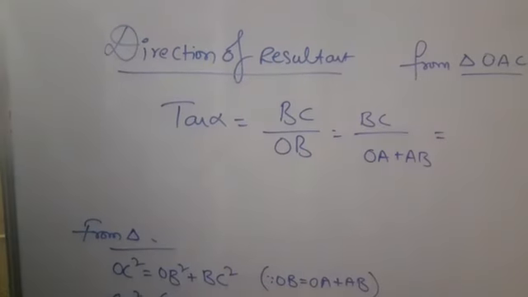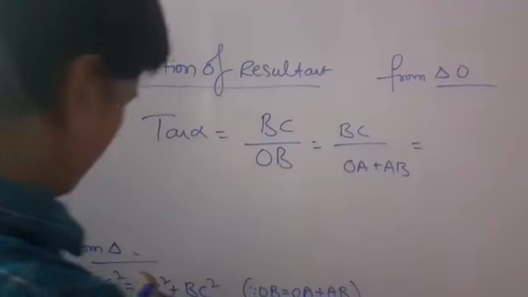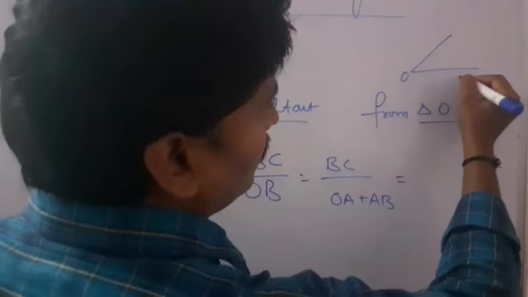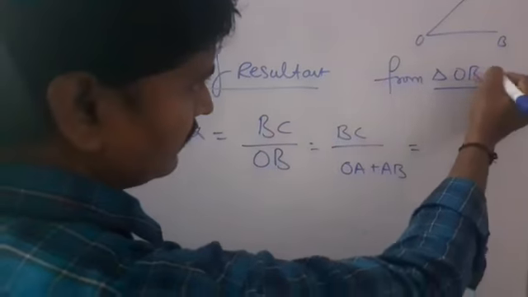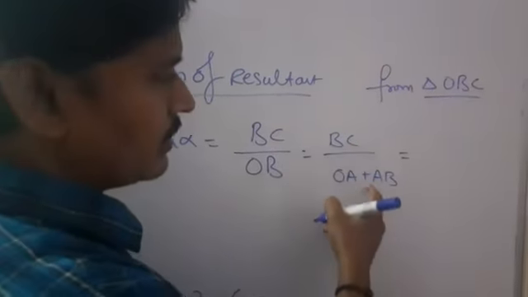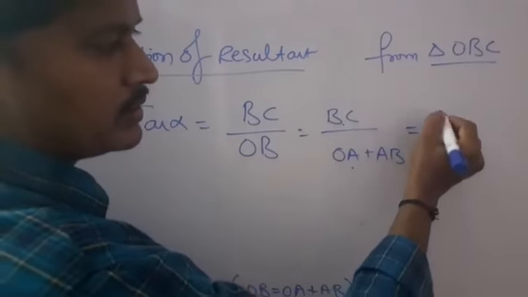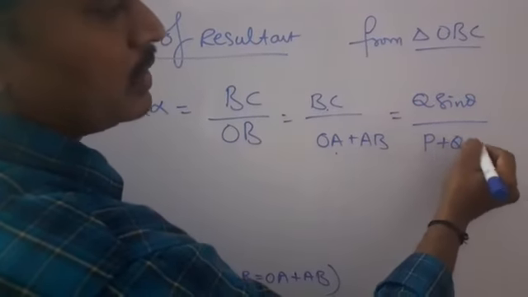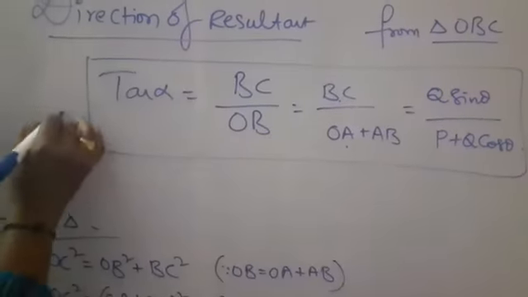So tan alpha is equal to BC divided by OA plus AB, that is Q sin theta divided by P plus Q cos theta. This is the direction of the resultant.